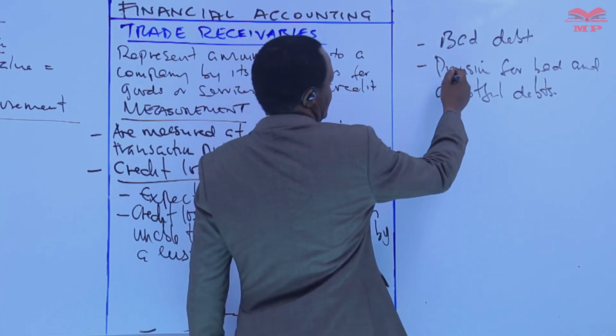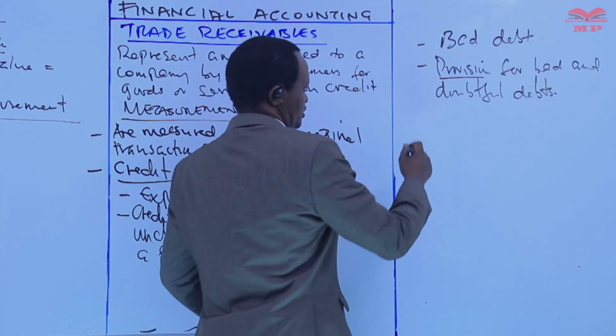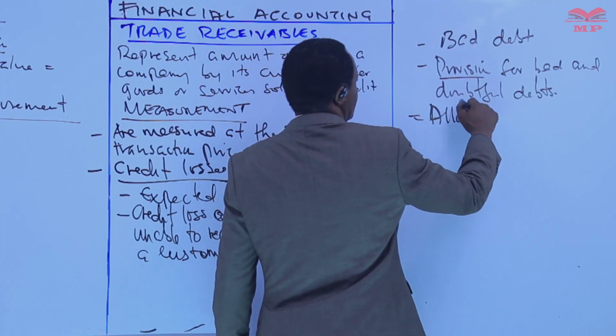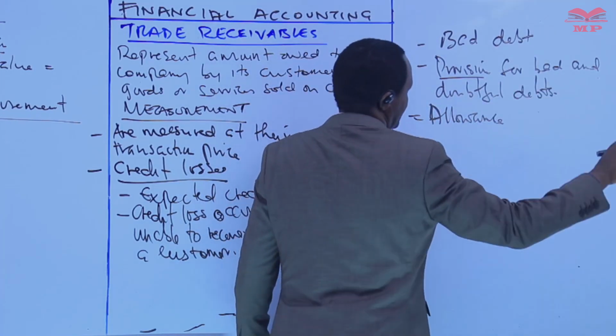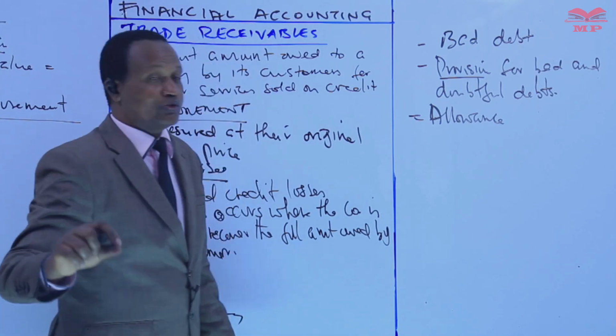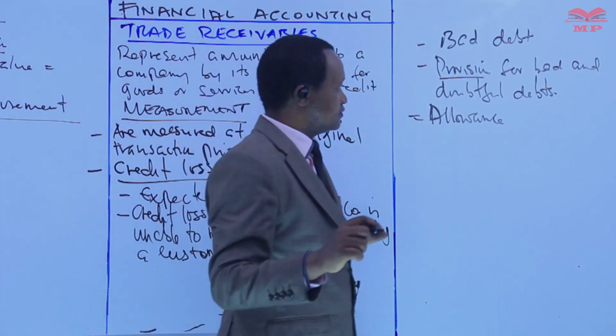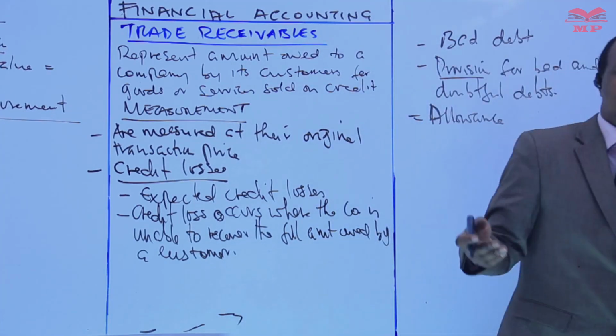Sometimes, other than using the word provision, we use the word allowance: allowance for bad and doubtful debts. So a provision is an allowance.